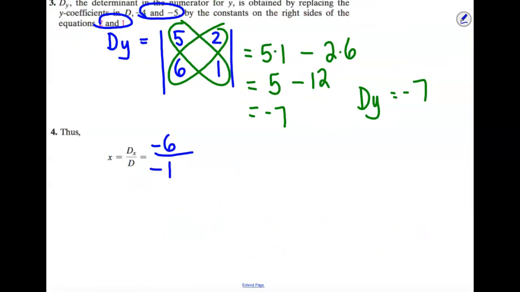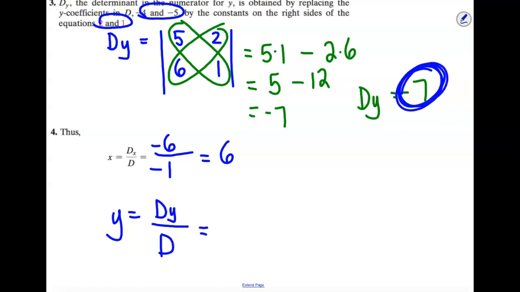Again, you're taking the determinant of x divided by the determinant of D. Simplify it and you get 6. To find y, you take the determinant of y divided by the determinant of D. The determinant of y is right here, -7. The determinant in step 1 is -1. Simplify it and you get 7.